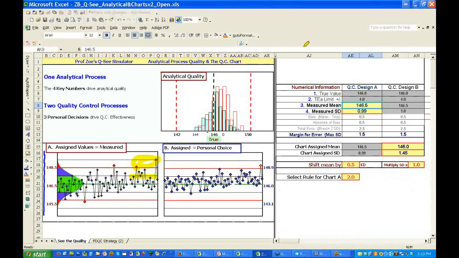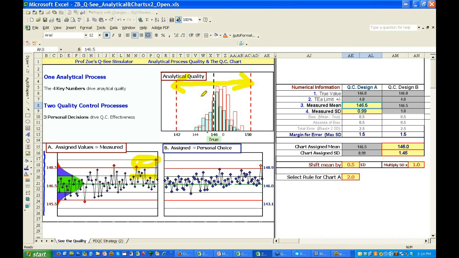Isn't that true? I'm going to jump in and play devil's advocate here for a moment, because we spend a lot of time worrying about change without answering that question, is it significant? The problem is the QC chart does not show you the analytical process quality.